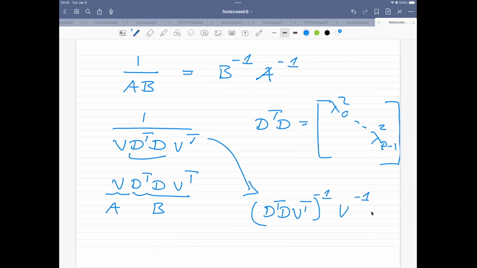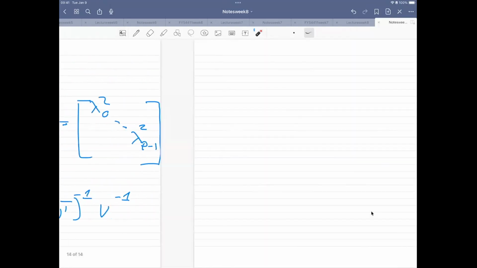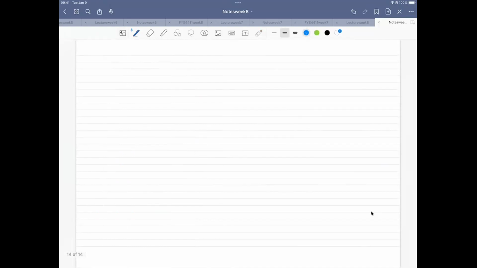Okay. Then I can take this one and apply the same trick on that one, because this is just the inverse of two matrices. And by doing that, I can show that this expression, which I have, U^T V^T, now reduces to V. So I'm using that relation with A over B, the inverses.